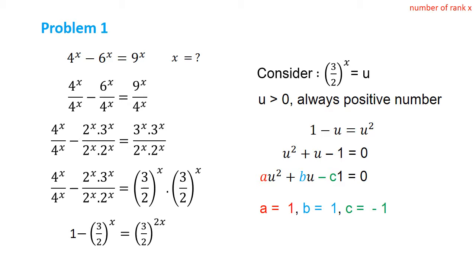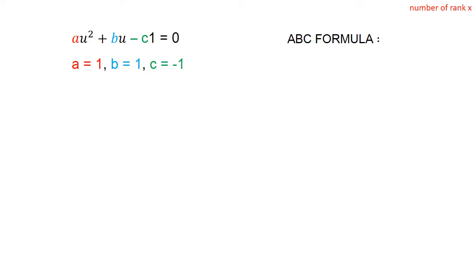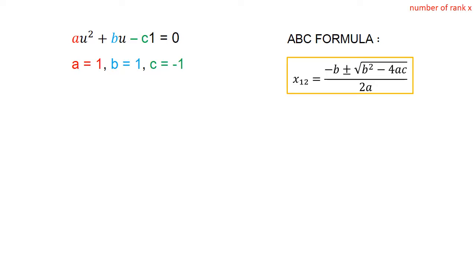From this equation, we get a equals 1, b equals 1, c equals minus 1. Remember the ABC formula.